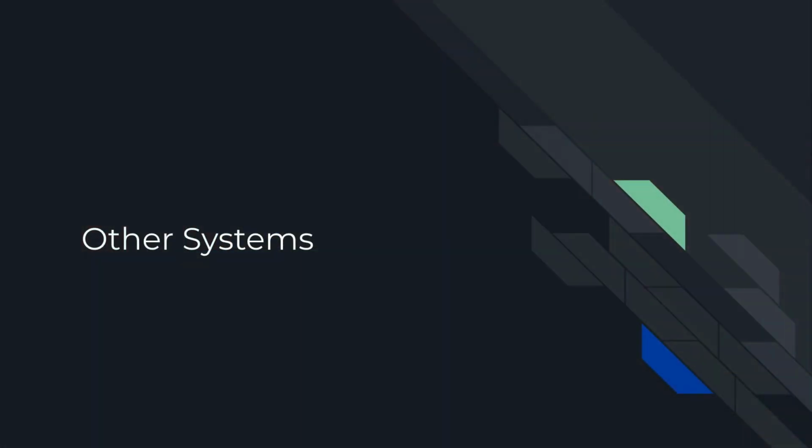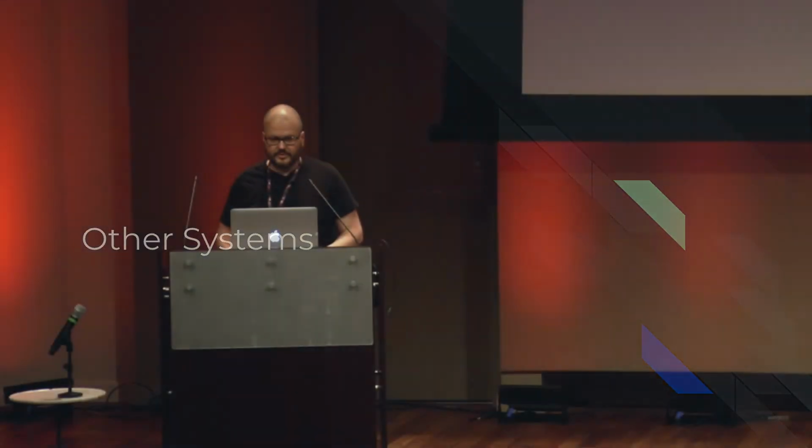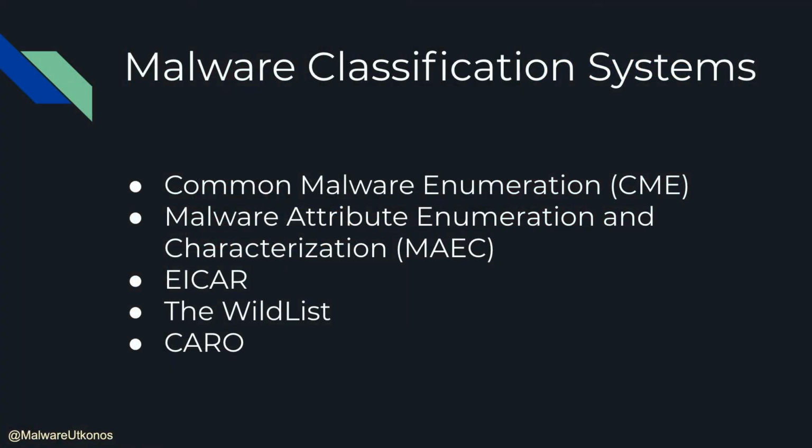Over the course of the time I've been giving this talk, a couple of people have pointed out some other systems of identification and classification, some of which I was aware of, some of which I was not. So I've gathered all of those together. Some of you might recognize a few of these: Common Malware Enumeration. This is a MITRE project.